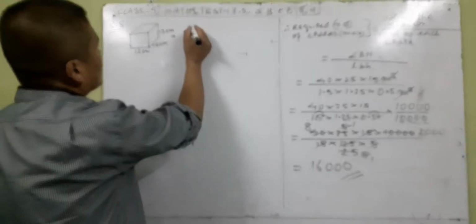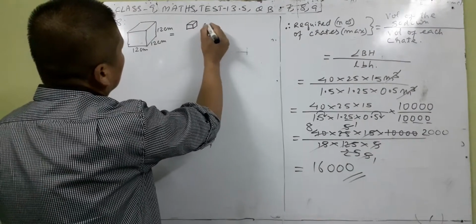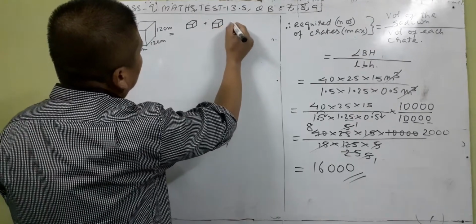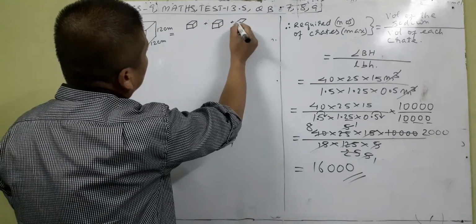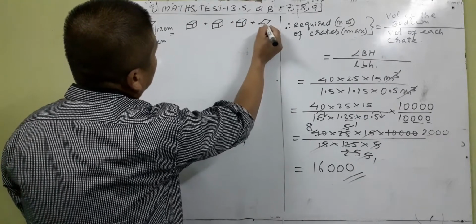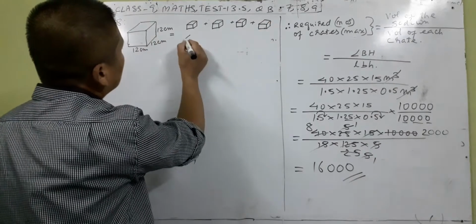Now this is cut into 8 small cubes, so 1, let us imagine, and then 2, then 3, then 4, let us imagine again. Likewise, just draw 8 of them here.